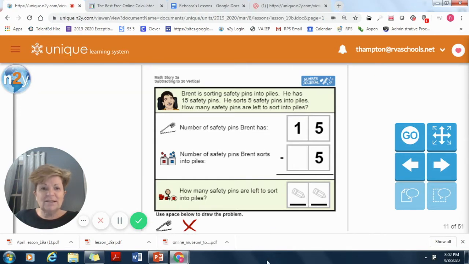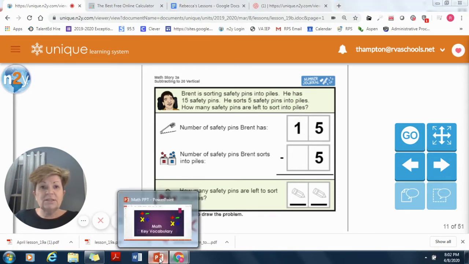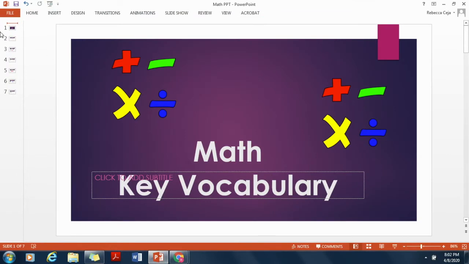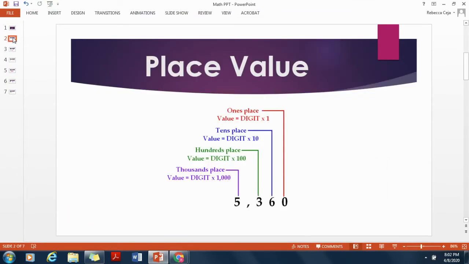All right, excellent. So before we get into our story problem today, we're going to take a look at our important math vocabulary, and we're going to review first our place values and how important it is to understand where our place values are and what they mean to us. So that very first number on the far left is our ones column. That means that any number in there up to 9 is simply 9 ones, 8 ones, it's just ones.